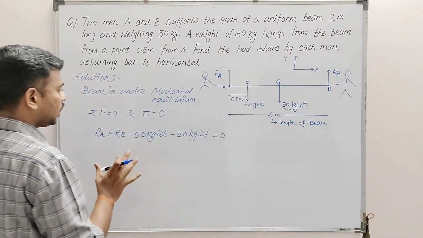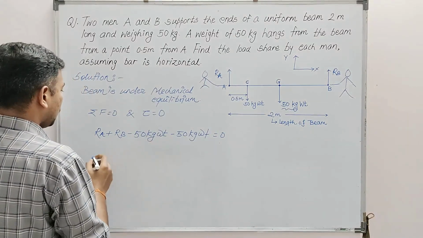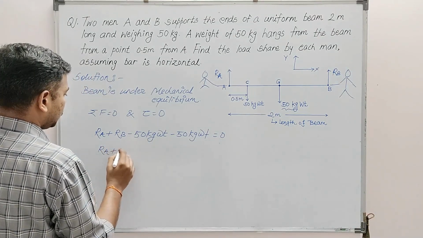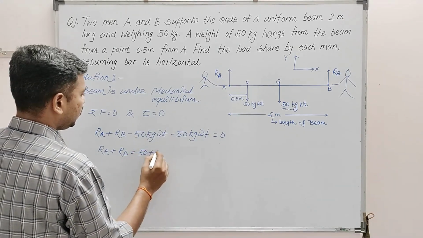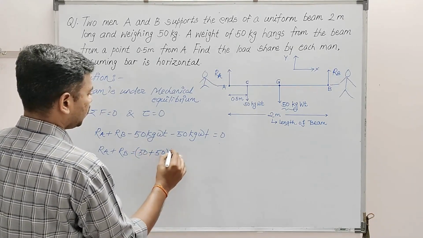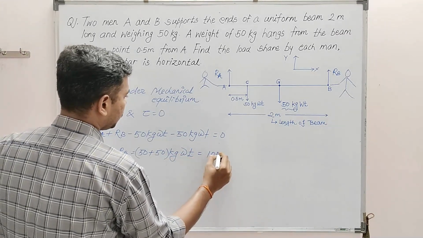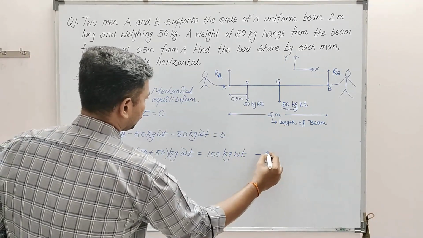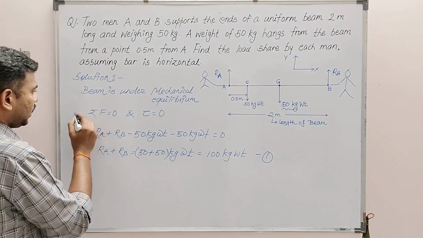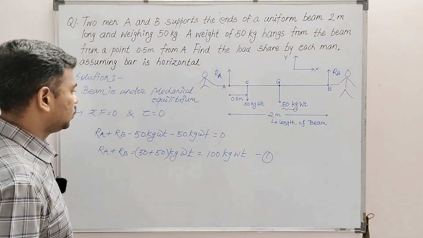So they are having the corresponding directions. Now we can rewrite this equation in this format. RA plus RB is equal to 50 plus 50 kg Wt, which is 100 kg Wt. So this is our first equation that satisfies the given condition. Total force on the system is 0.